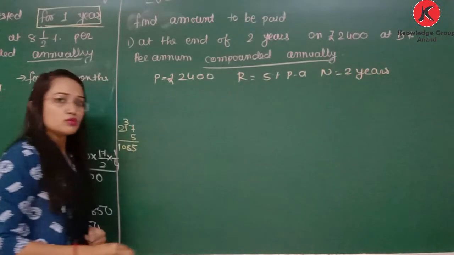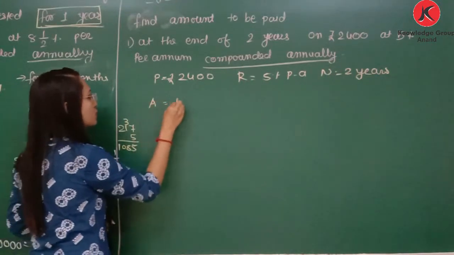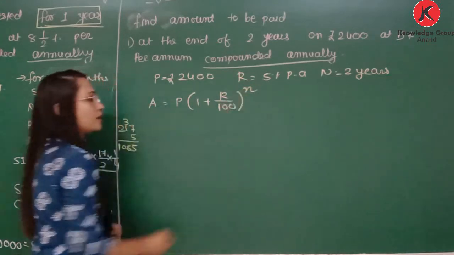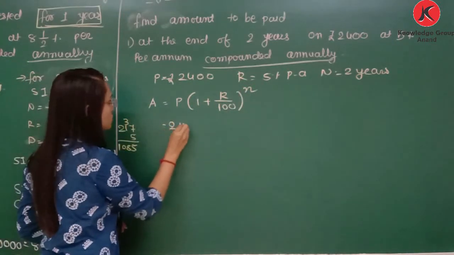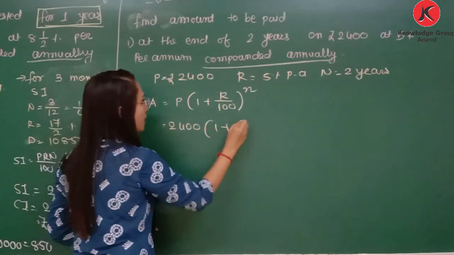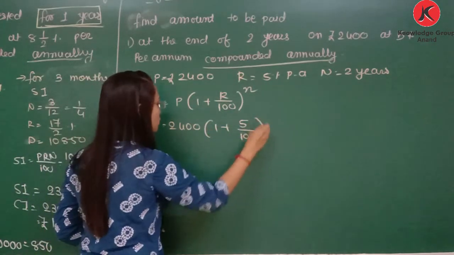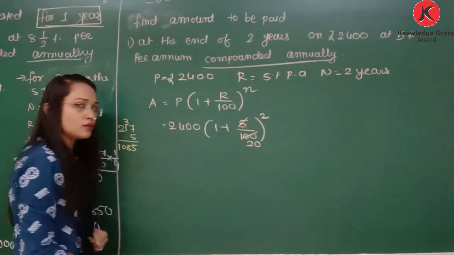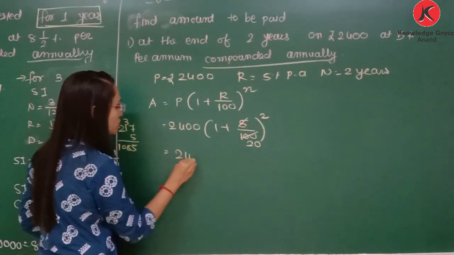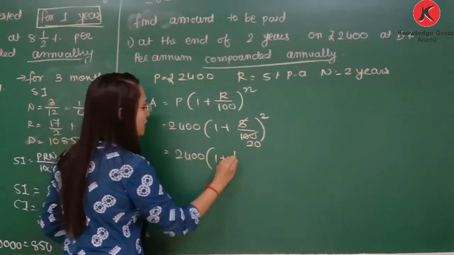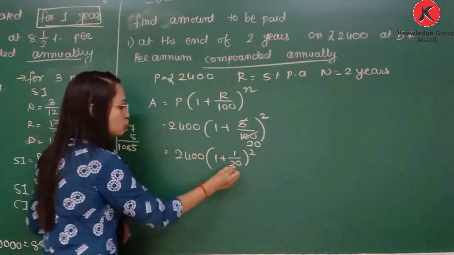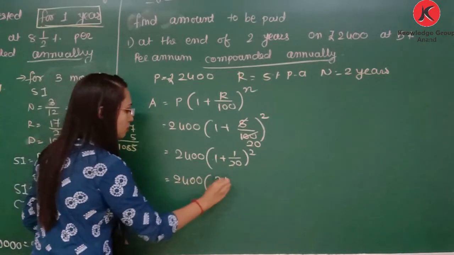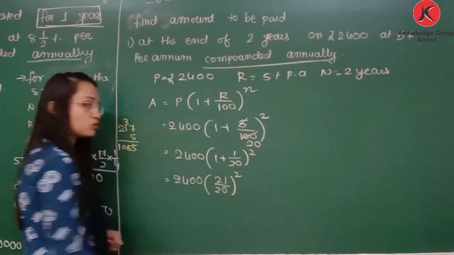So we can directly use the equation A is equal to P inside the bracket 1 plus R divided by 100 raised to N. So principal is 2,400. 1 plus 5 divided by 100 raised to 2. Here we can consider 5 20s are 100. So it is 2400. 1 plus 1 by 20 raised to 2. 20 ones are 20 plus 1, 21 by 20 raised to 2.